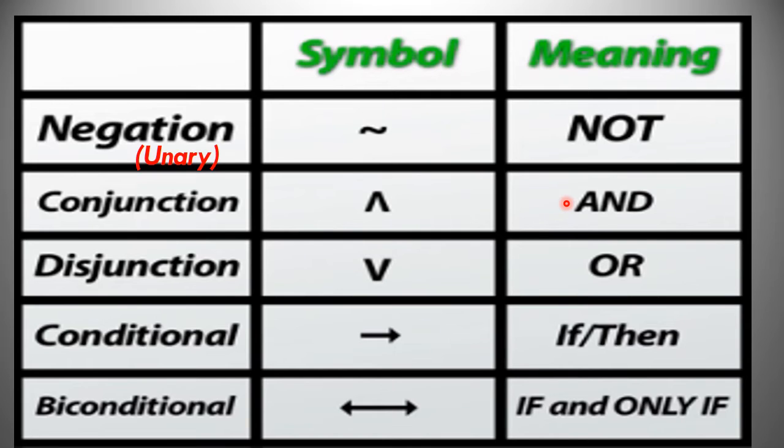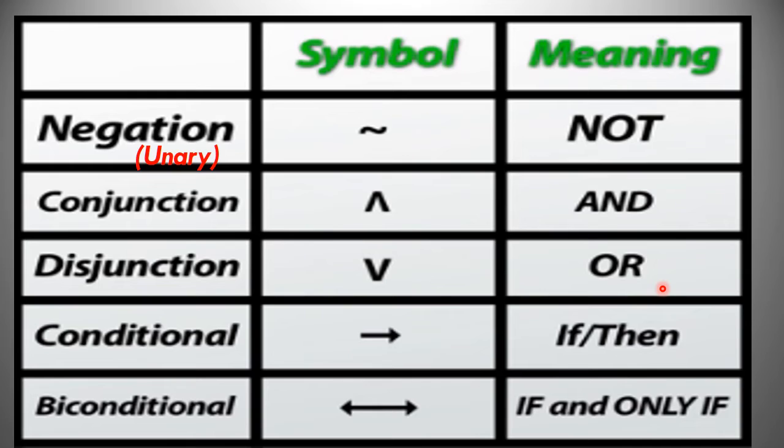That is, if two simple statements are combined into a compound statement, and the connective used is and, then such a statement is a conjunction, and symbolically we refer to it like this. Okay. Next is disjunction. Disjunction means the keyword is or. If you have two statements P and Q, then we can write it as P or Q.